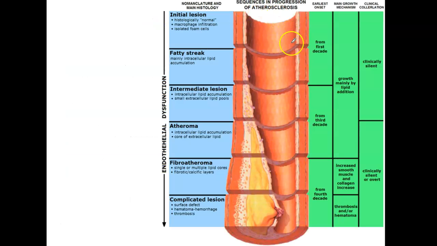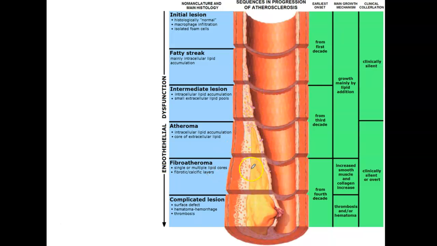This is a diagram I think is very helpful. It has the progression, how you could have a lining that looks quite normal, to the fatty streak, to a lesion, to an atheroma, fibroatheroma, and then a complicated lesion. Just slightly different vocabulary here, but it's the same thing.